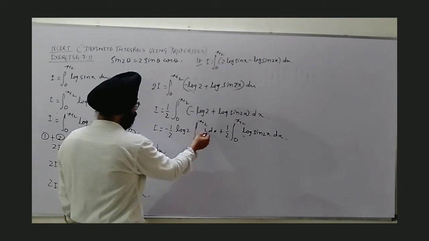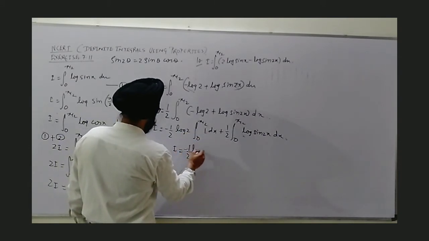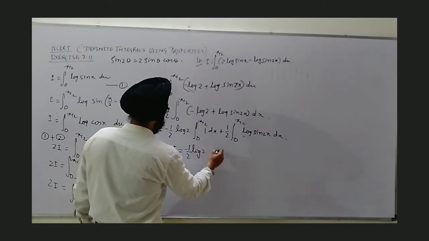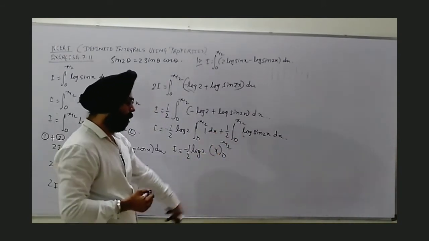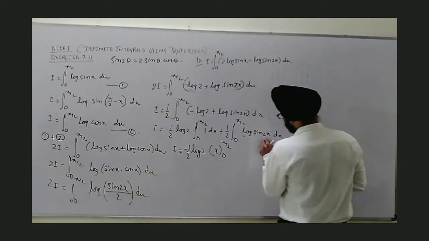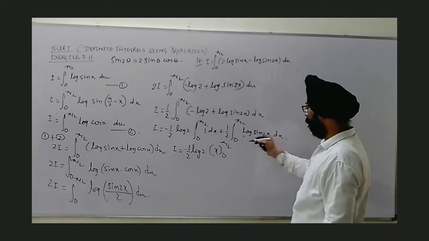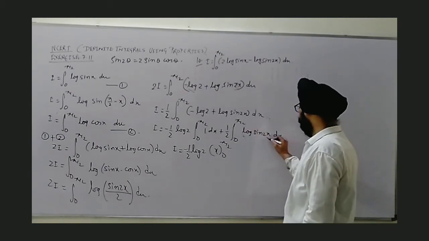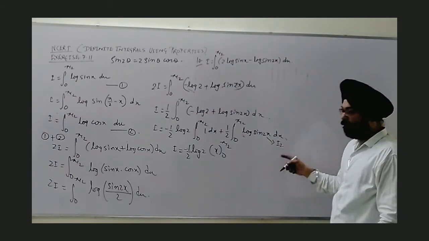Now this can be solved. This will become minus half log 2 times x from 0 to pi by 2. Here we will use properties. As I see, it is 2x, so again this will be solved separately. But this time it is 0 to pi by 2, so we consider this to be some I2. We will solve I2 separately.